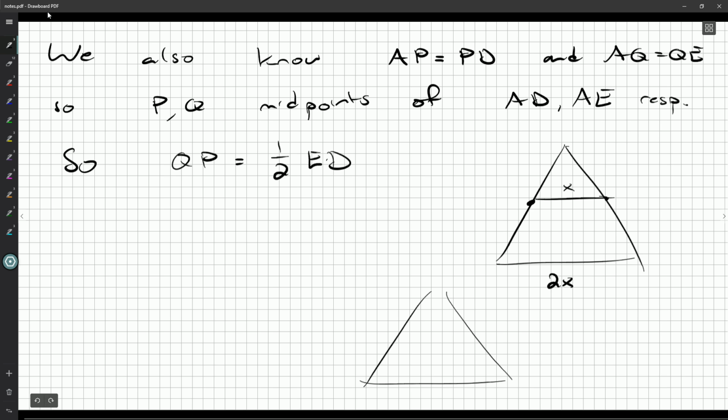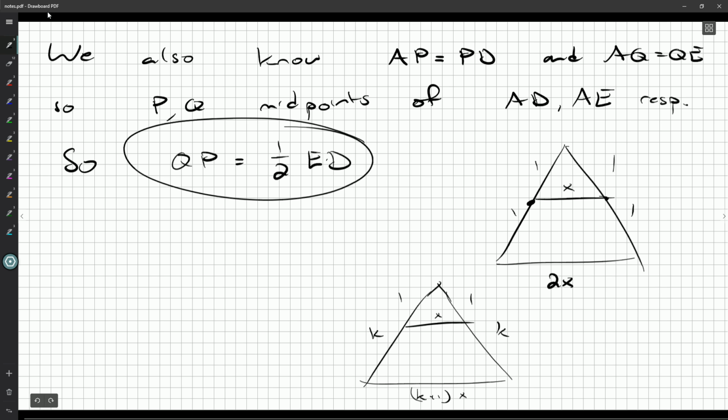More generally, if you have any triangle and you've got a ratio of 1 to k on the sides, and this is k plus 1 times x, then this will be regular x. It just so happens we're doing it with the case of 1, 1. You don't have to just jump straight to this. You could make the argument with similar triangles or whatever. I think you're going to be fine like this.